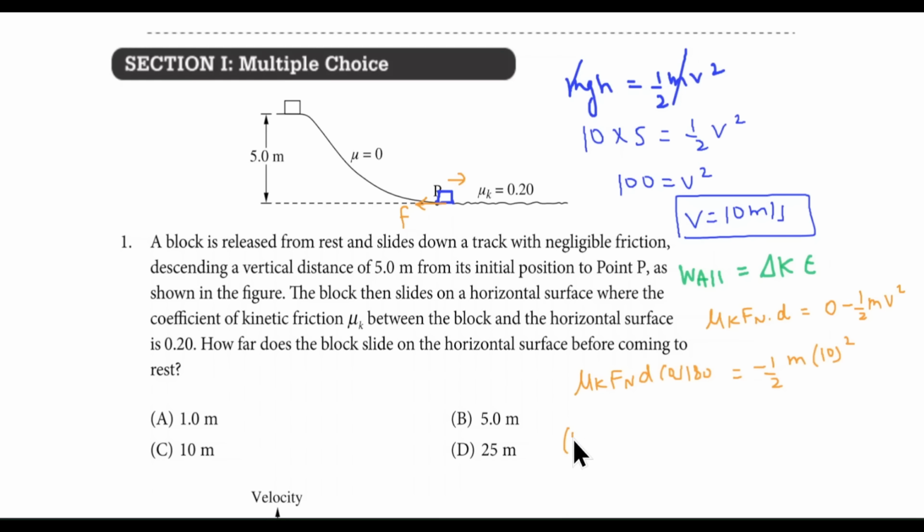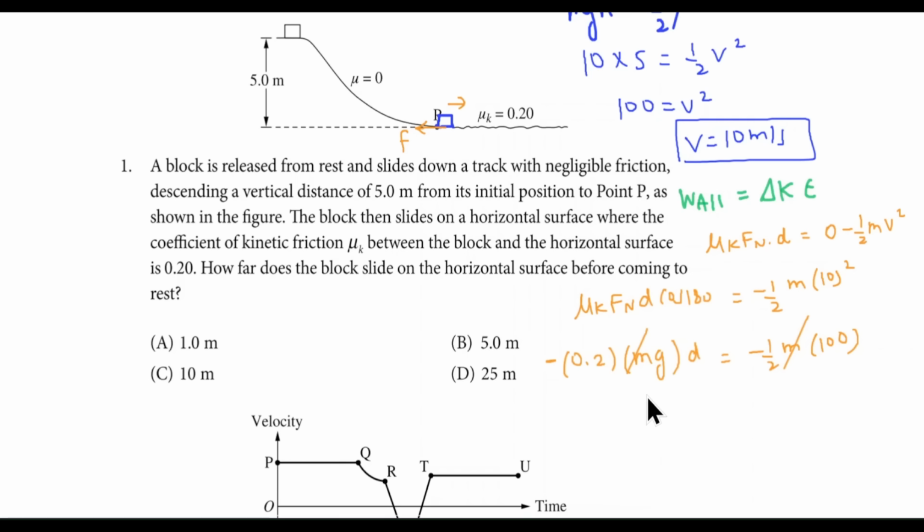Now mu k is given as 0.2, normal reaction is mg, d is unknown, cos 180 is minus 1, equal to minus half m times 100. m and m is gone. If we put g as 10, we get negative 2d equal to -50. So d will be equal to 25. So this is the distance that it is going to travel, which is clearly option D. That should be our answer.